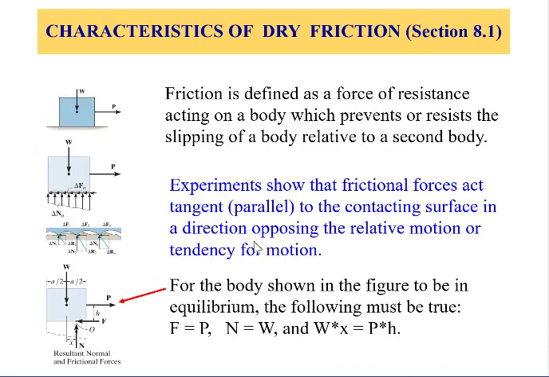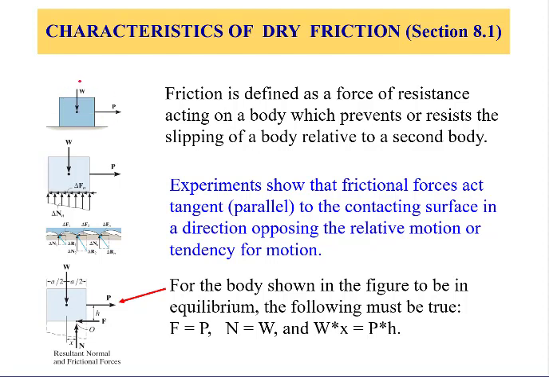Let's consider a box that has a weight W, and this box is sitting on a horizontal surface. Assume this horizontal surface is not smooth, meaning it creates some friction, where friction is defined as a force of resistance acting on a body with direction opposite to the direction of the motion.